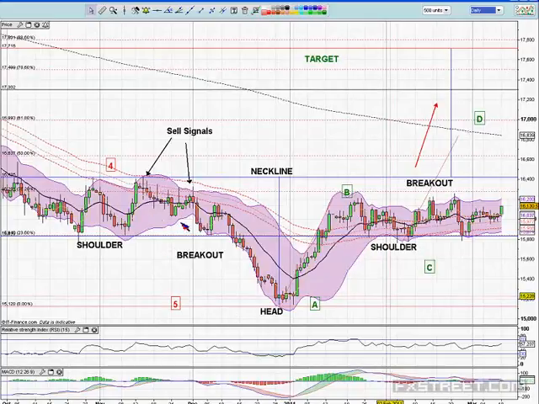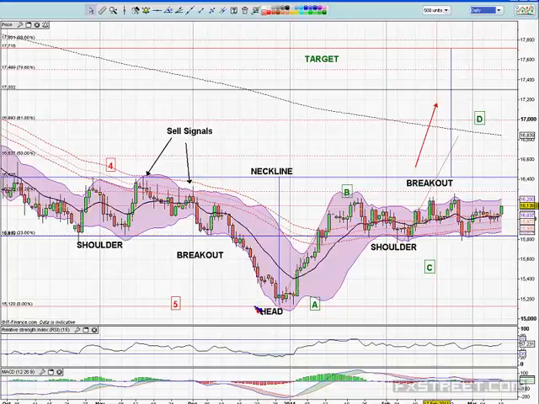Engulfing red, breakout, breaks to the downside, boom, and then we get that engulfing weekly candle, moves back up. So now I'm thinking ABC up towards that channel line, at least. But also I can see a shoulder, a head, a neckline. I want to be buying dips.